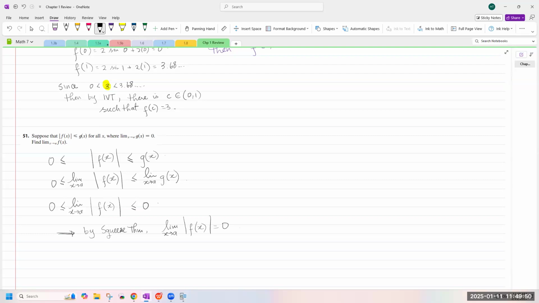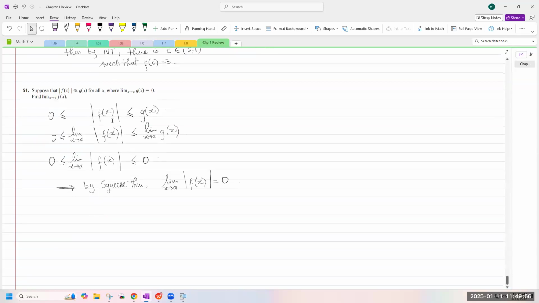Okay, but we are not done yet because the question is what is the limit without that absolute value? Then we need another thing: limit of absolute value is absolute value of limit. Remember absolute value is a continuous function, right?